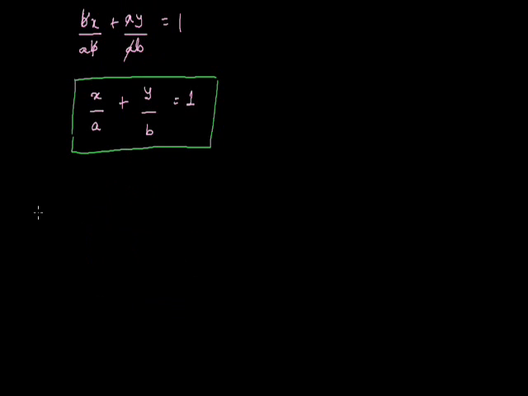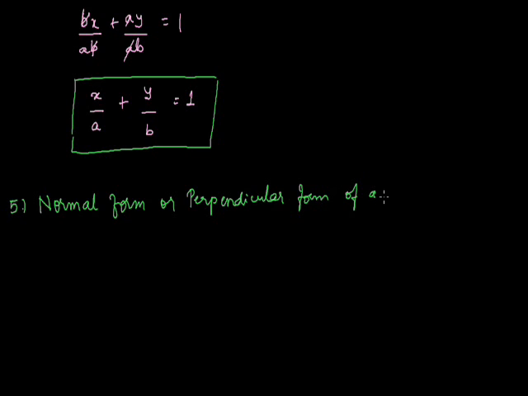Coming to the last form of the line, which is the fifth form, and that is called normal form of the line or perpendicular form of a line.